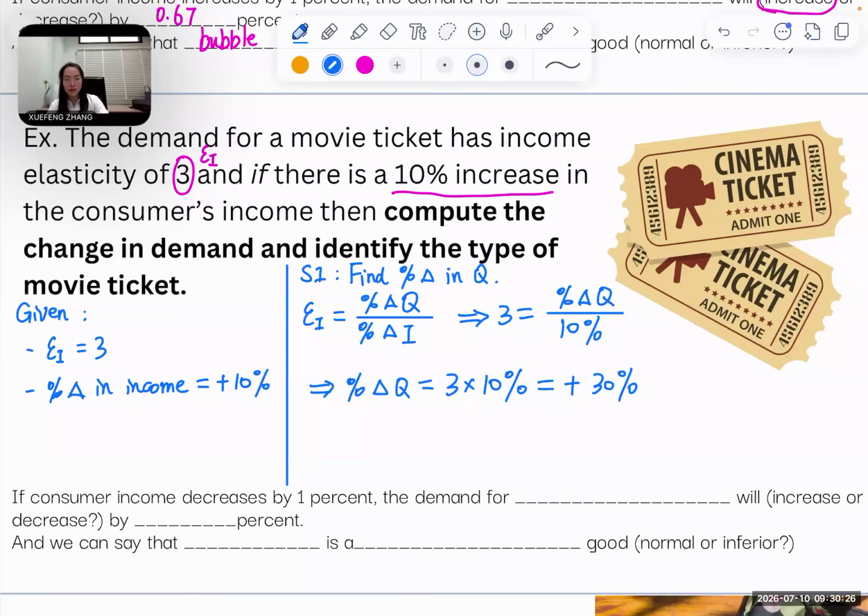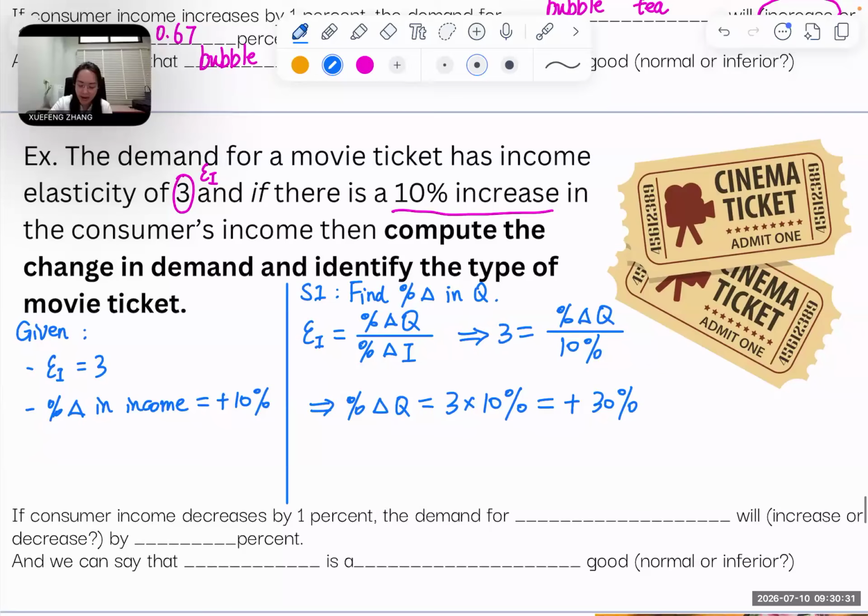Positive 30%. And next one, because we have epsilon I here, which is 3, it's positive and greater than 1. Let me write it down. Epsilon I equals positive 3.